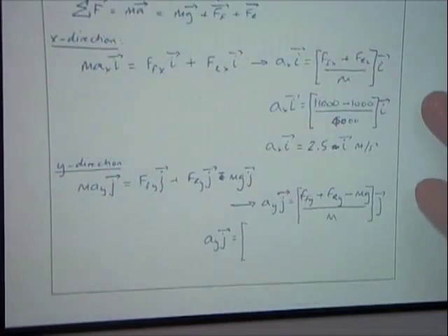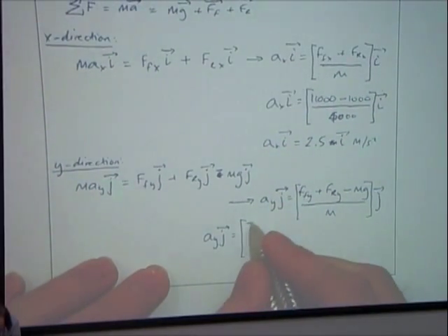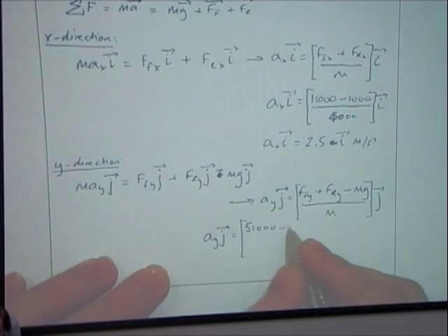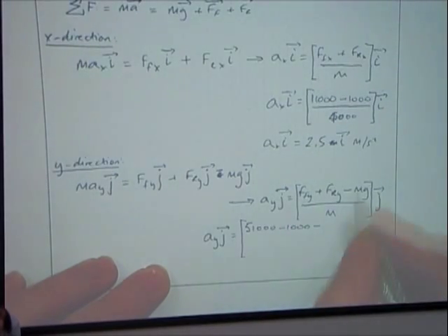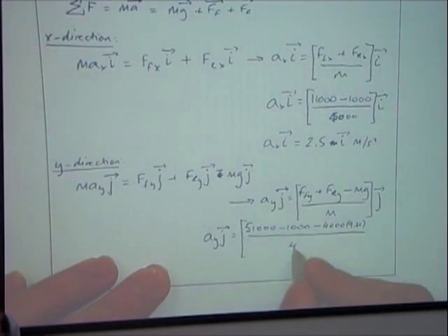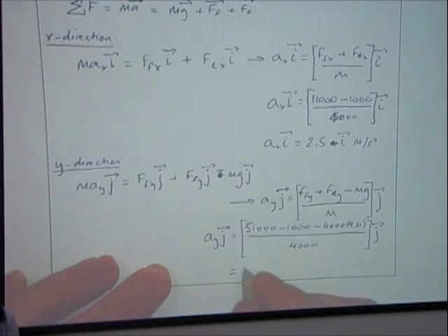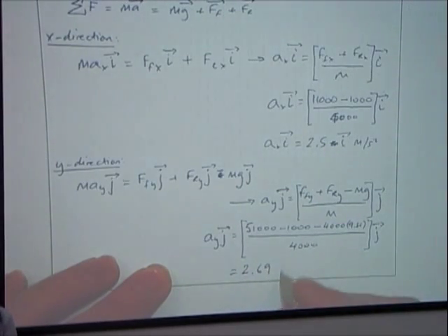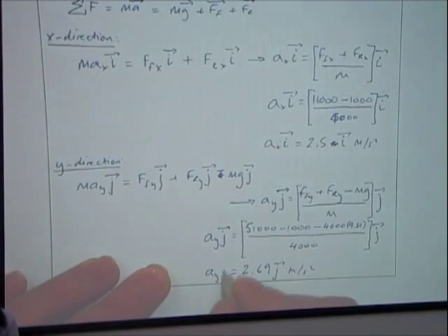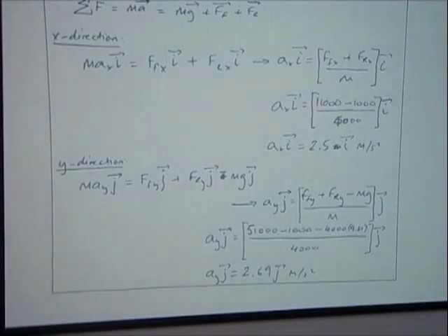Okay, so we do the same thing again. 51,000 minus 1,000 minus mg, well we know that's 4,000 times by 9.81, all divided by the mass, 4,000 j, and that comes out to be 2.69 j meters per second squared. Okay, so there's the vertical component of the acceleration.